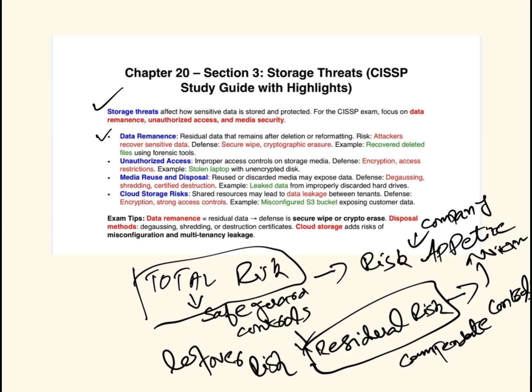Another important term which we need to know.